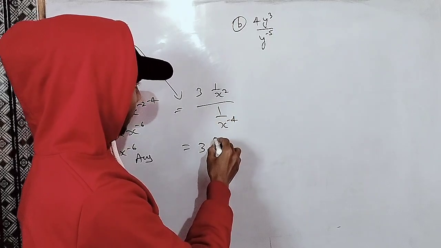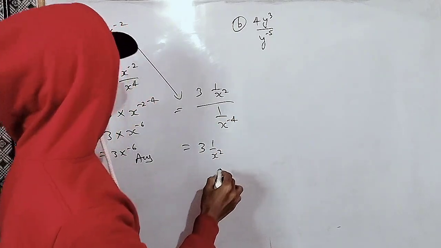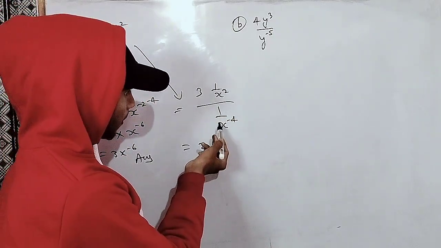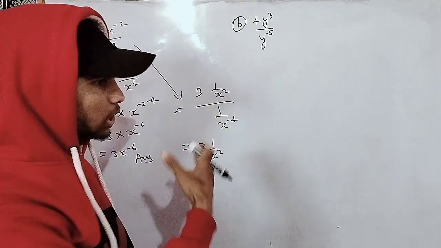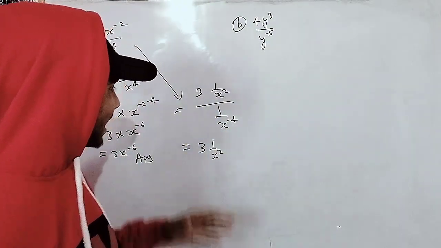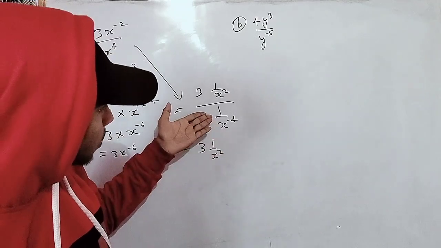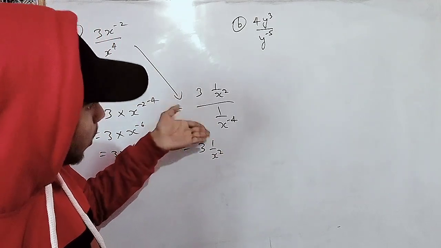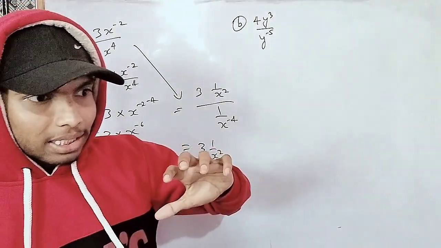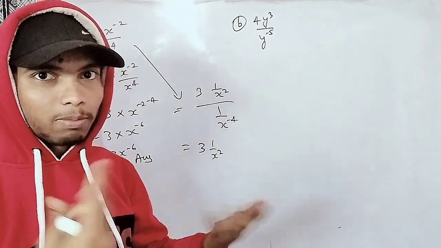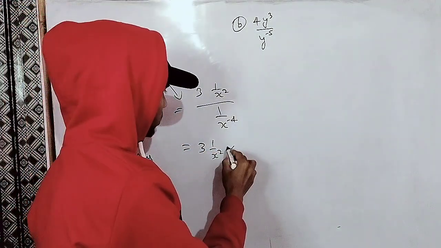Now, when we change our division into multiplication, then our denominator variable changes its position. How?